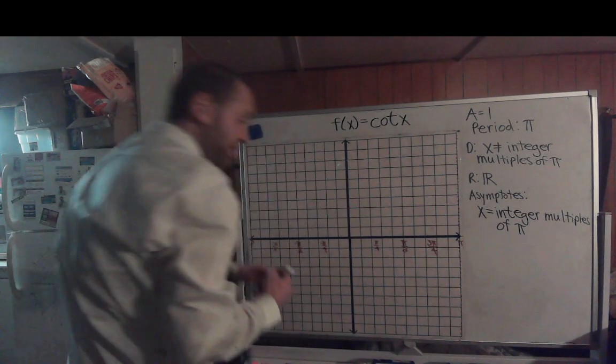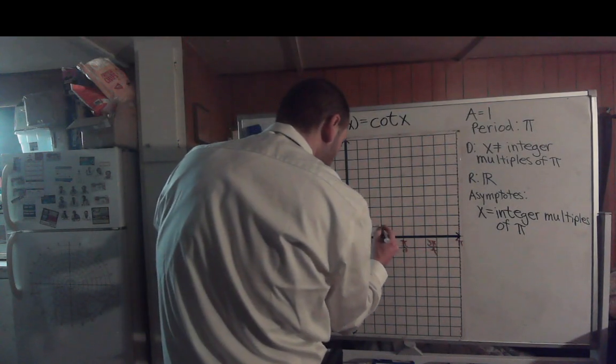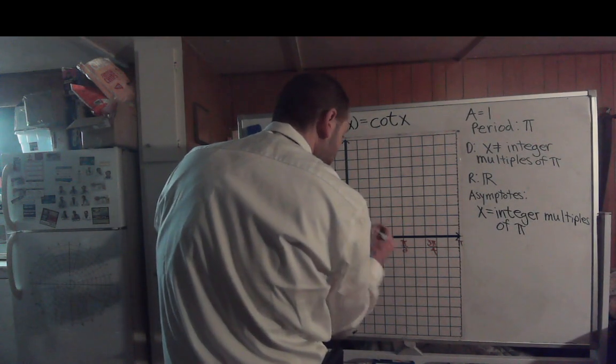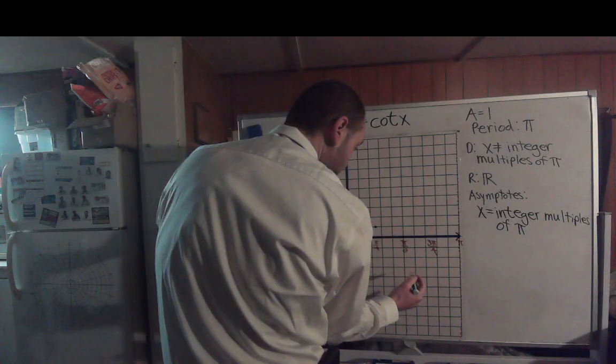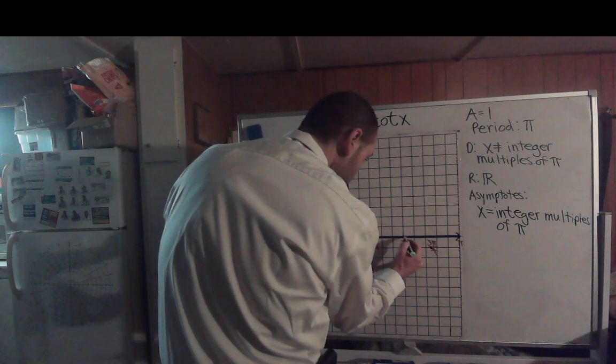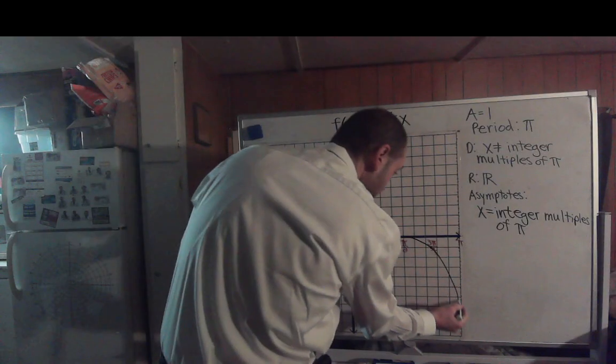Alright, so let's graph this. So the cotangent of pi over 4 is 1, the cotangent of pi over 2 is 0. The cotangent of 3 pi over 4 is negative 1.